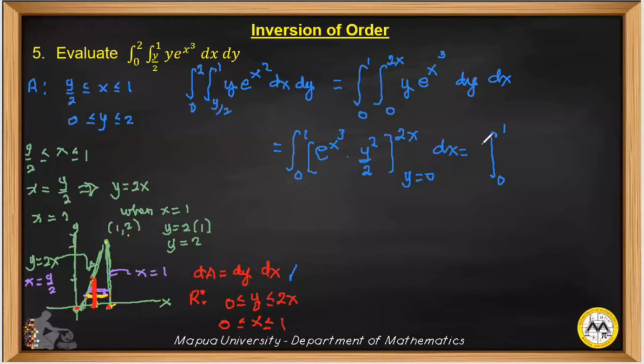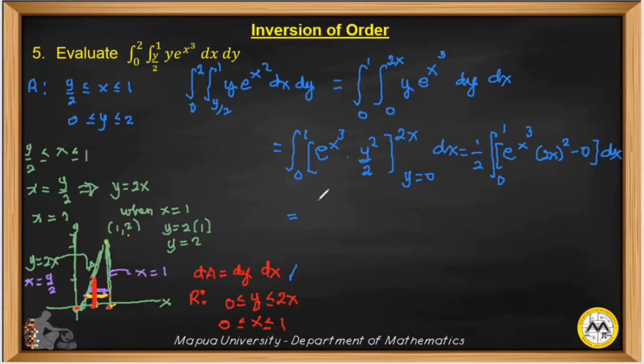So this is equal to 1/2, we factored out the constant 1/2, and we have e raised to x cubed, and when y is equal to the upper limit 2x, y squared is 2x raised to the second power. And when y is equal to 0, everything is 0. So minus 0 times the differential of x.